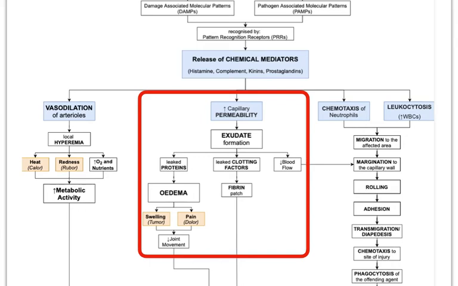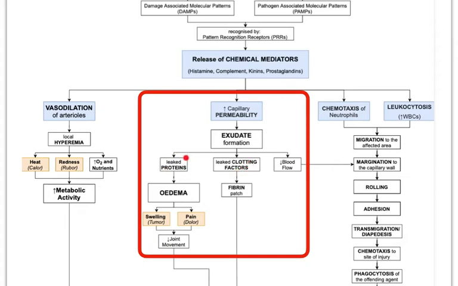So now we can focus on the red box that is located more in the center. The tissue injury or invasion of a pathogen is eventually not just going to create vasodilation in the vascular phase, but also leaky capillaries, to where exudate is formed. That exudate contains proteins, and it contains clotting factors.